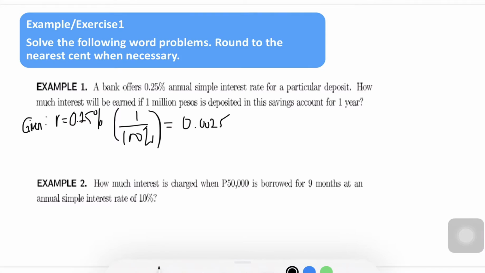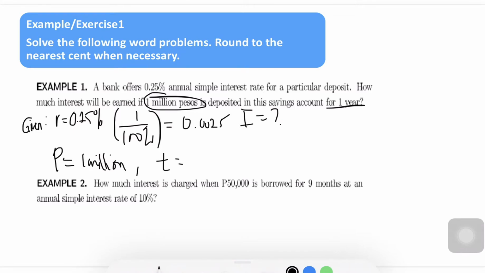Next, how much interest will be earned? So we're asked to find the interest. The money is 1 million, so that is the principal, because that is the money you deposited, the initial money deposited in a bank. So that is your P. And of course, what is our time? 1 year. So our equation is I is equal to PRT.